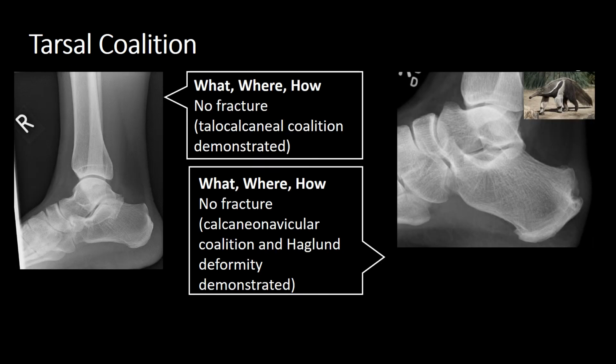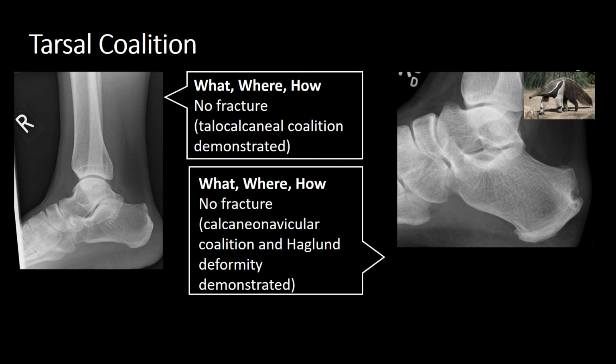The two most common tarsal coalitions are Calcaneal coalition and Calcano-navicular coalition. On the left, we have Calcaneal coalition.